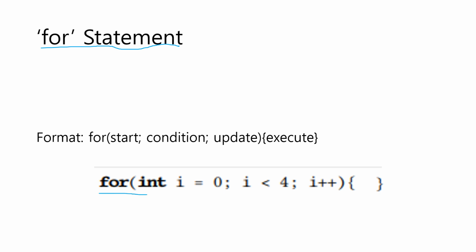For int I equals 0, semicolon, I is less than 4, I plus plus. What this means is we're giving a value to start, int I equals 0. This I here doesn't have to be an I, it can be J, K, L, but we normally use I just as a convention.